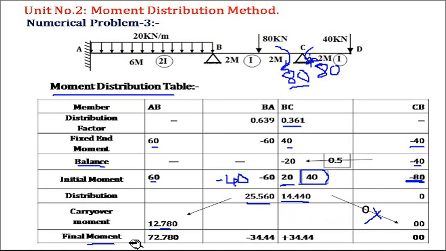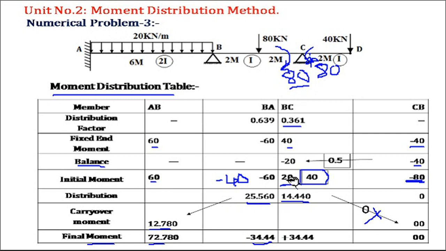Now we have to find the final moment. From the row of the initial moment, you do the addition. So 60 plus 12.780 gives 72.780. Minus 60 plus 25.560 gives minus 34.44.